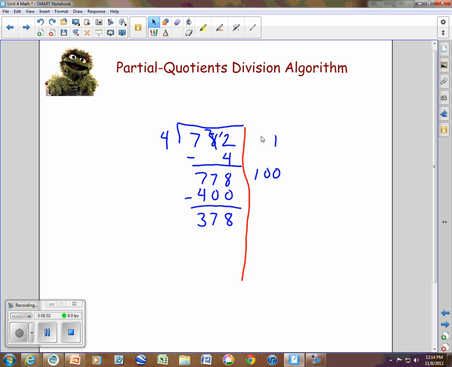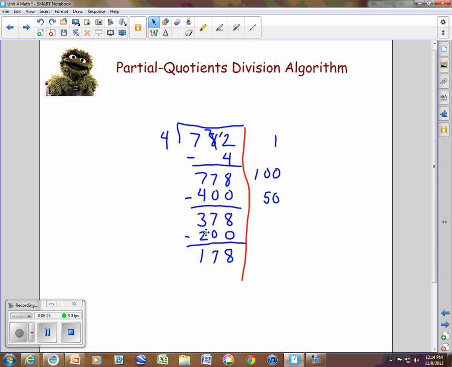And you'll notice too, I slid that 1 over so that those numbers are lined up when I add them later. So when I took that 400 away from 778, that left me with 378. I couldn't take another 400 out of it, so I thought, well, why not take a chunk of 50 out? So then I'm going to multiply 50 times 4, and that turns out to be 200.